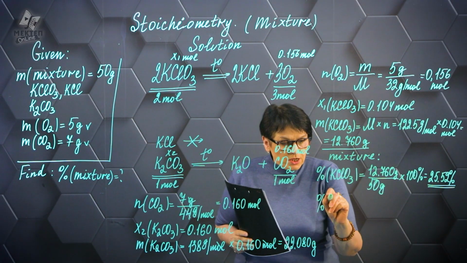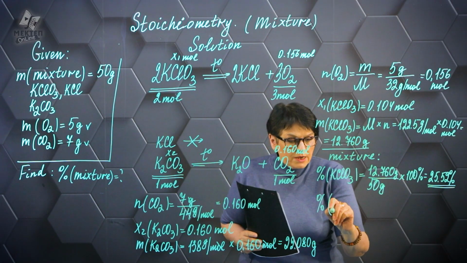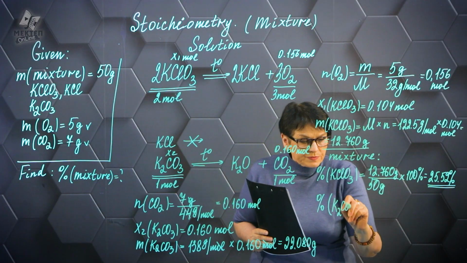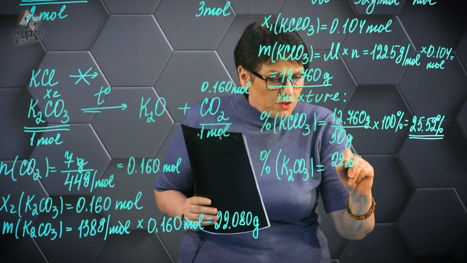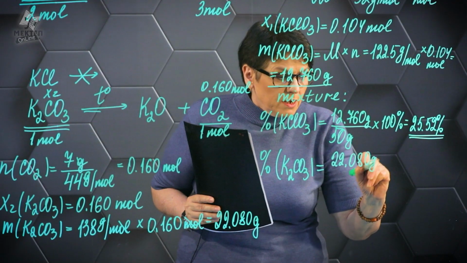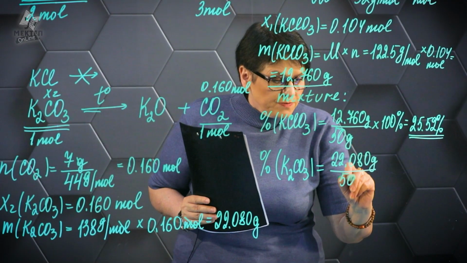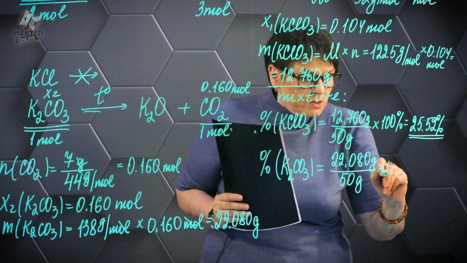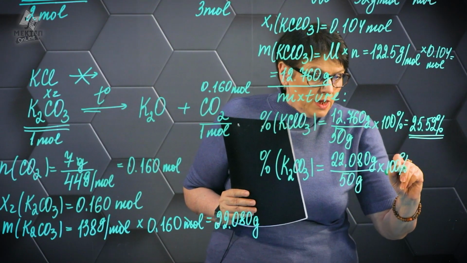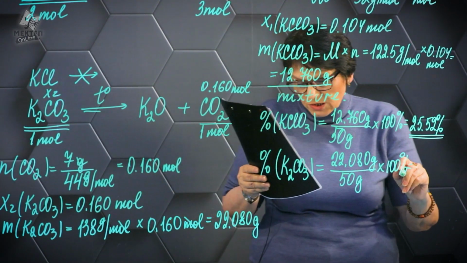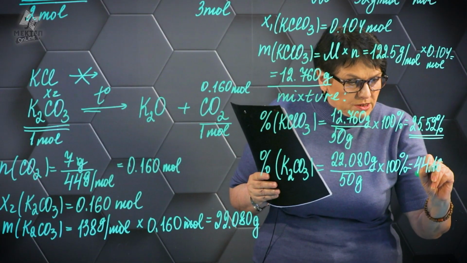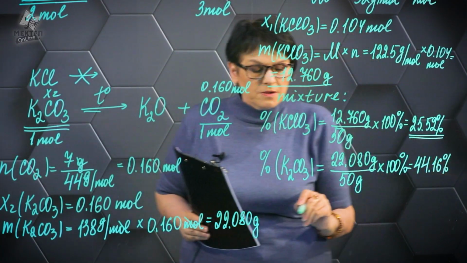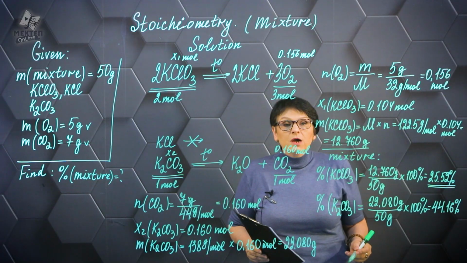Now let's calculate how much potassium carbonate we have. In this case, we're going to divide 22.08 by the mass of the entire mixture as well, and multiply by 100%. And that gives us 44.16%. And how do we find potassium chloride?